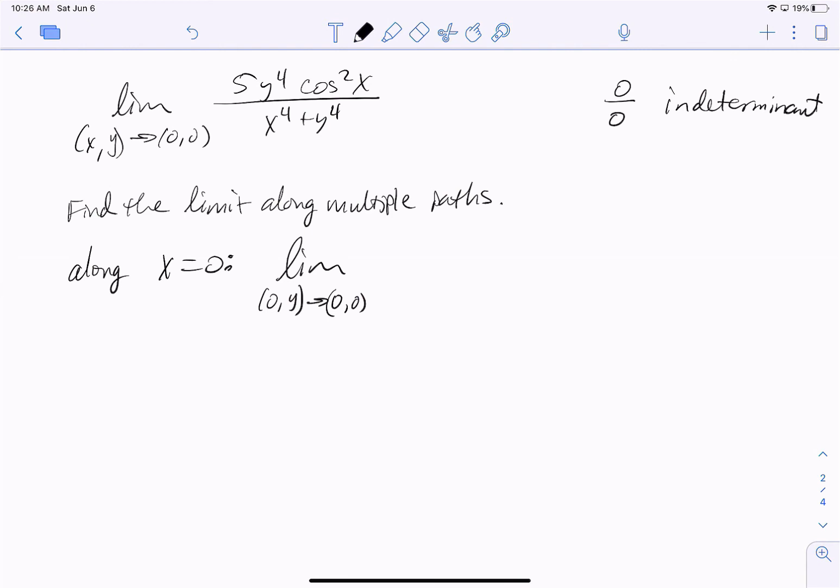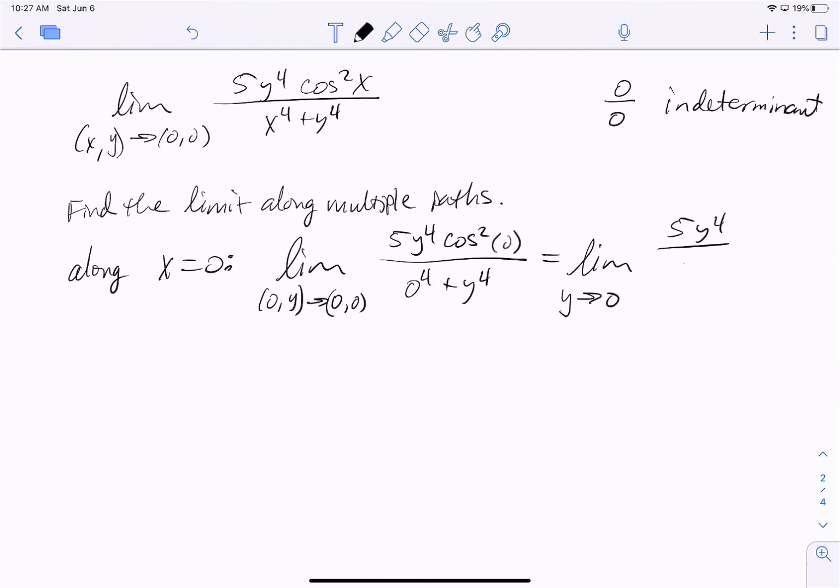And in the expression, what we end up with is 5y to the 4th times the cosine squared of 0 divided by 0 to the 4th plus y to the 4th. This becomes the limit as y approaches 0, y is the only thing that's changing here, of 5y to the 4th divided by y to the 4th. And we end up with an answer of 5. Now that doesn't necessarily mean the limit is 5, but if there is a limit, it will be 5.